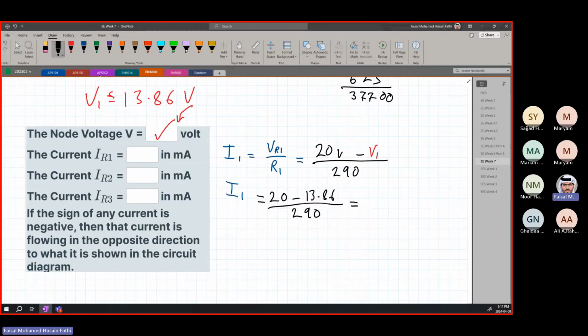Put this in the calculator, and it gives 0.021188 amperes.